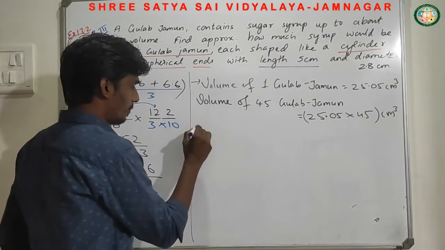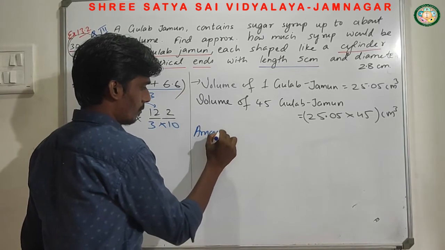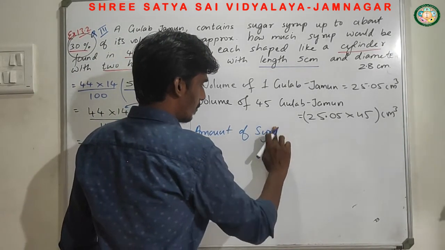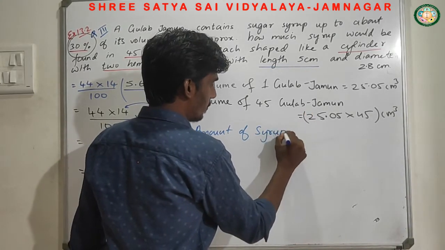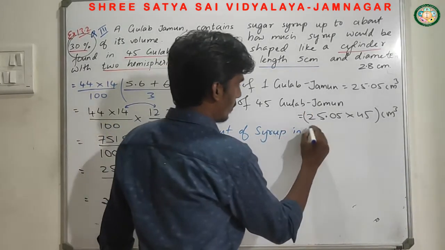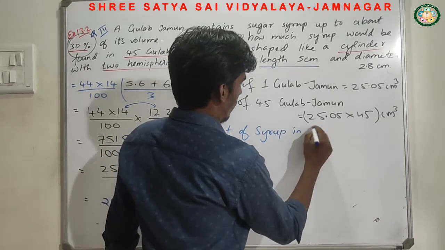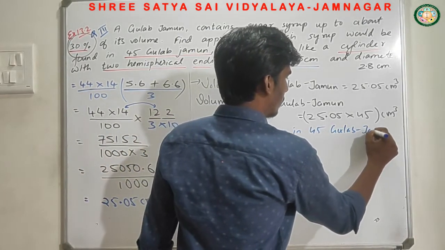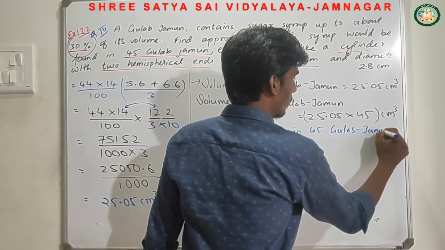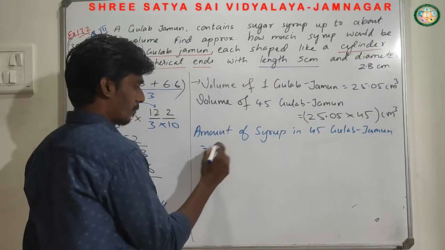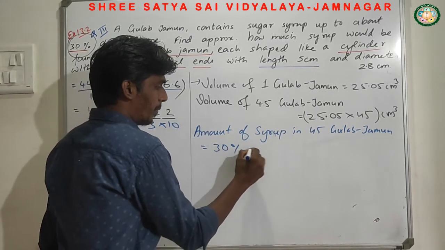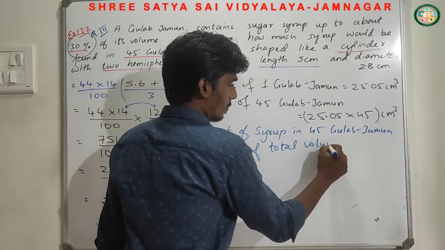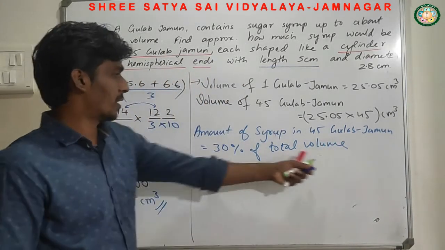So amount of syrup in 45 gulab jamun equals 30% of total volume.